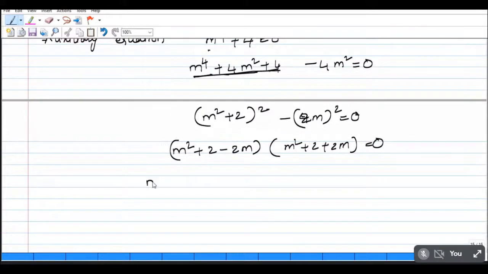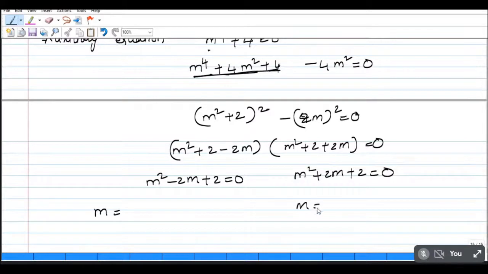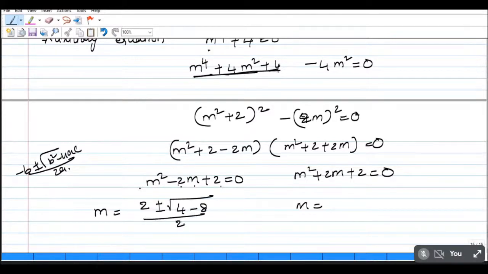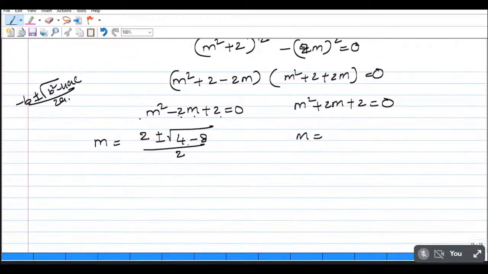Now you can easily find out the roots. m square minus 2m plus 2 equals 0, and m square plus 2m plus 2 equals 0. Now tell me, what are the roots here? Minus b plus or minus root b square minus 4ac by 2a. Do you know this? For the first one, m square coefficient is a, m coefficient is b, constant is c: 2 plus or minus root of 4 minus 8, which is root minus 4, that is 2i, by 2.